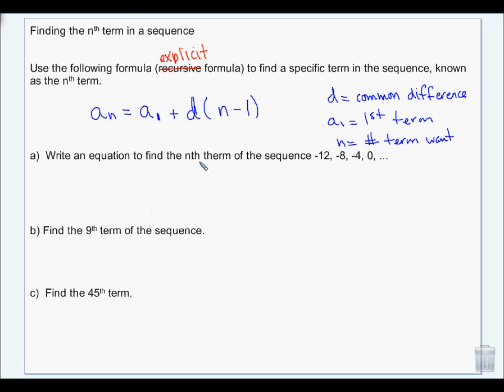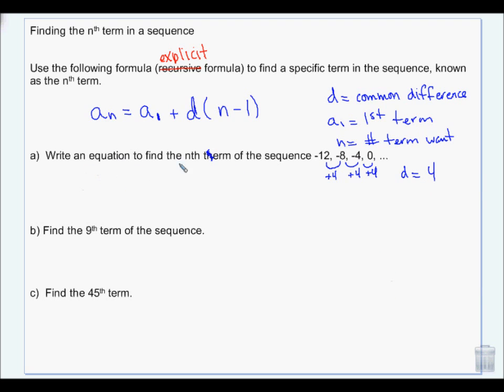So if I want to find the nth term of the sequence negative 12, negative 8, negative 4, 0, first I find out what d is. If I take negative 8 and subtract negative 12, I'm adding 4 each time. So d is 4.